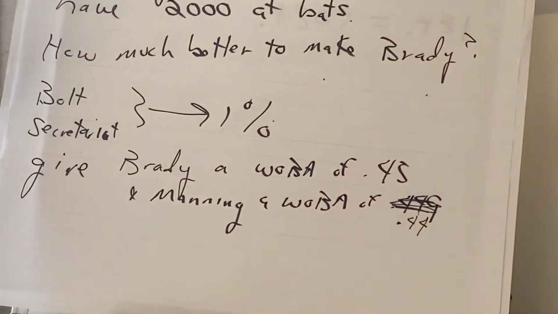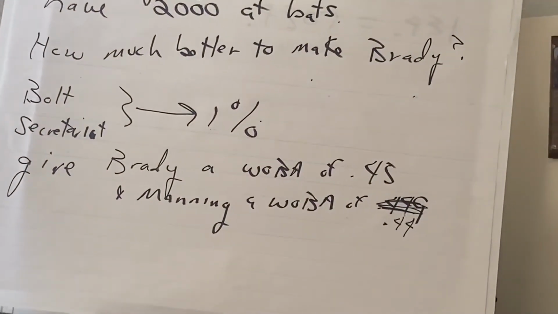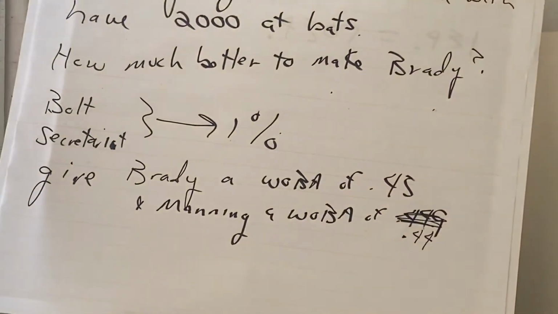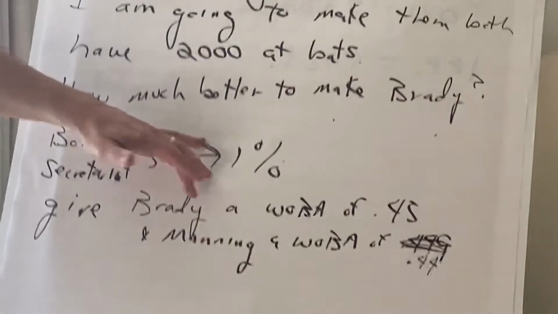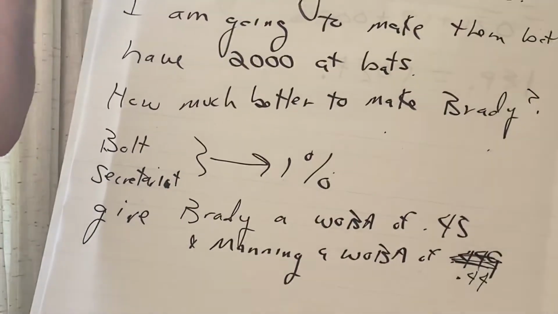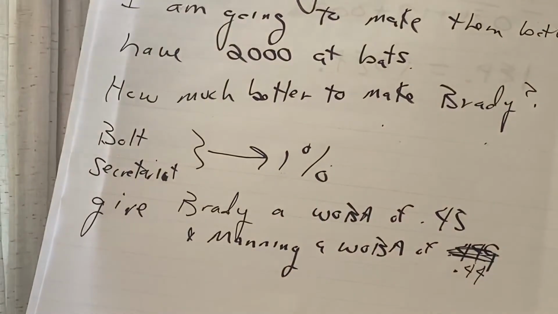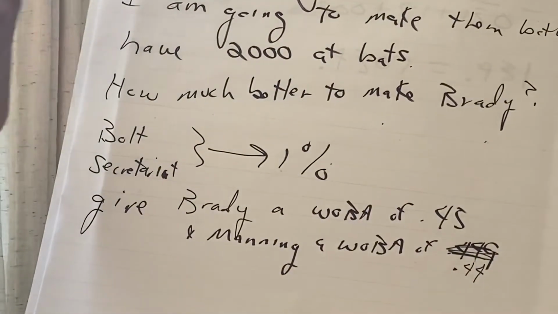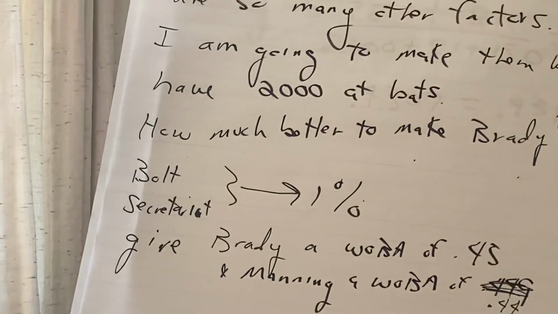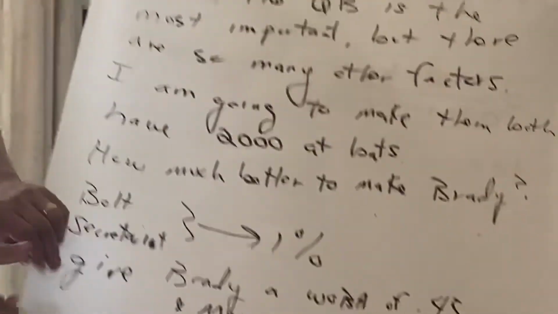I believe Bolt still has the world record, but both of them are less than 1% better than the next best, the second best. What's my point of this? My point is, if you think of the two greatest baseball players, basketball players, whatever, it's real hard to be any more than 1% better than the next one. So I'm going to make Brady 1% better than Manning in the regular season with 2,000 at-bats.